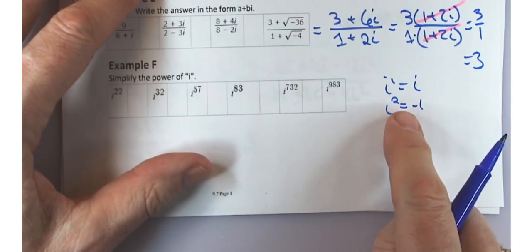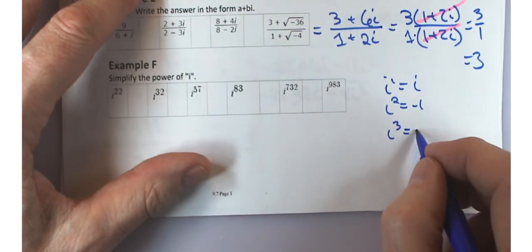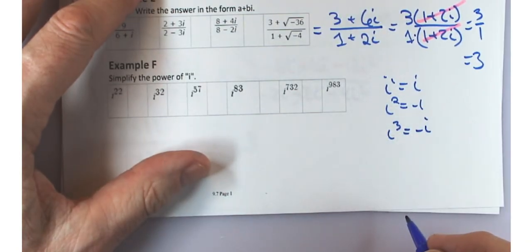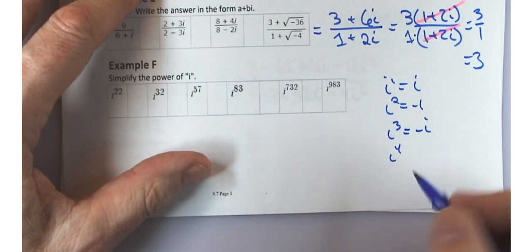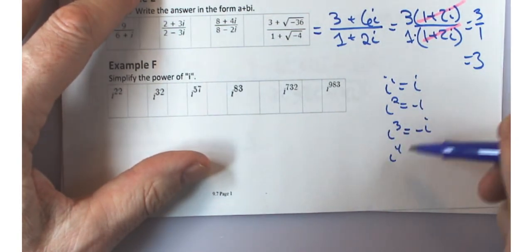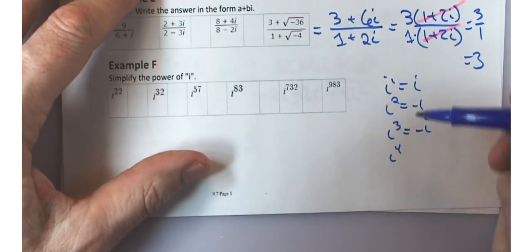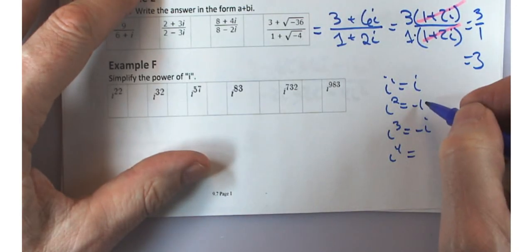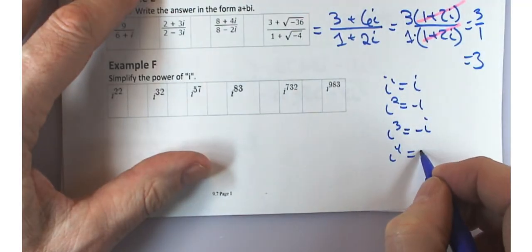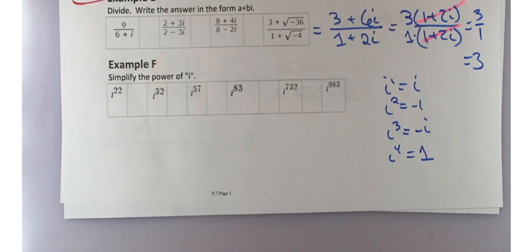So -1 times i gives me -i. How about i to the 4th power? That's i squared times i squared, which on the right-hand side would be -1 times -1. -1 times -1 would be +1. So when you raise i to a power, you're going to get one of those 4.